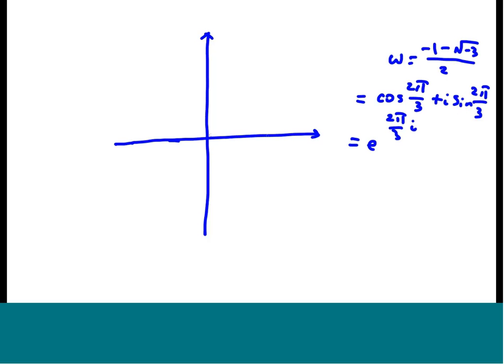Is it 60 degrees here? Actually 2 pi over 3 is 120 degrees, sorry. Here is omega. So omega is 120 degrees.